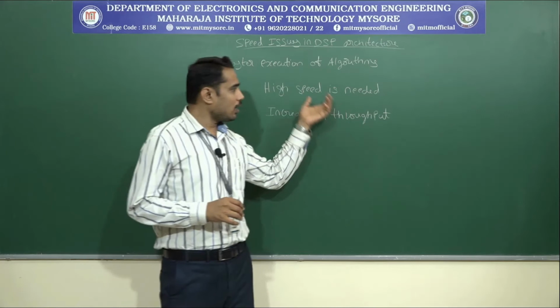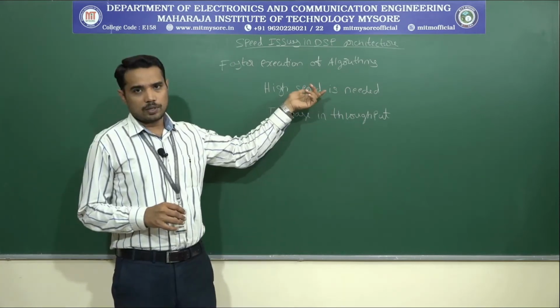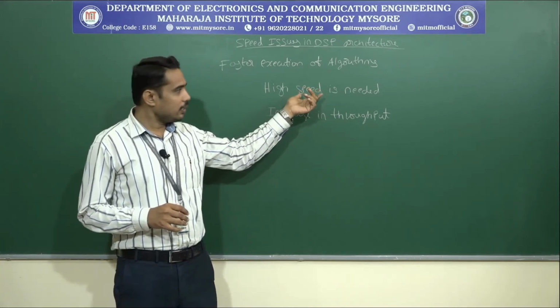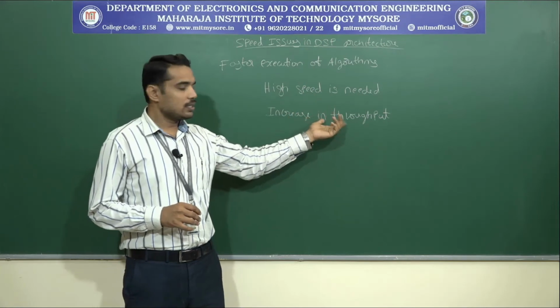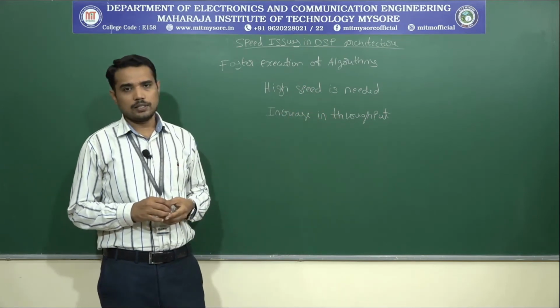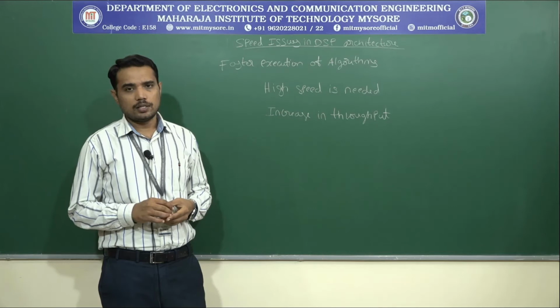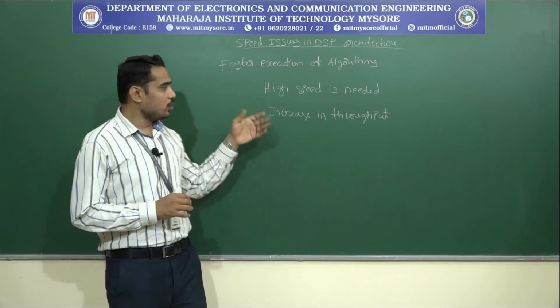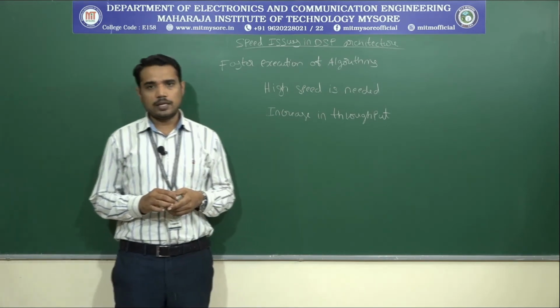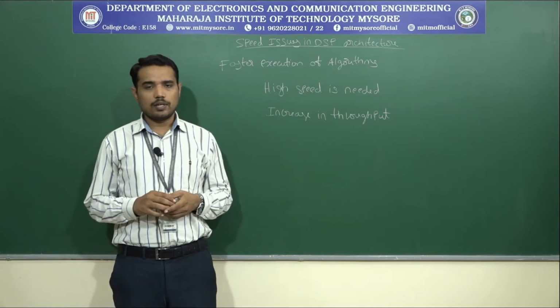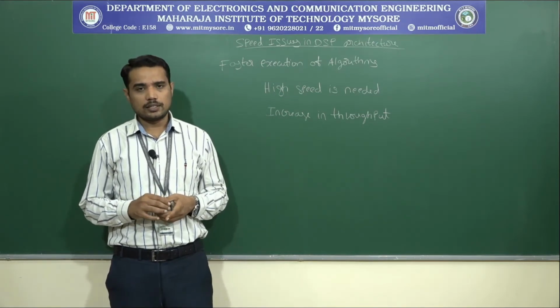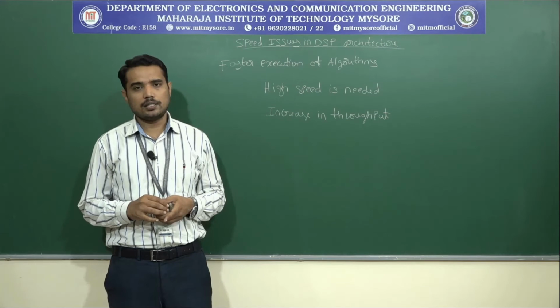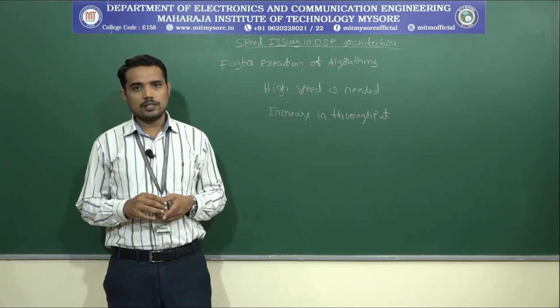Along with increasing the speed of operation, you have to increase the throughput incorporated in our DSP architecture. In order to meet the high speed and high throughput, we are going to use two techniques: parallelism is the first technique, and the second technique used is pipelining.